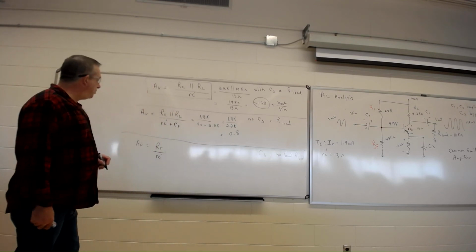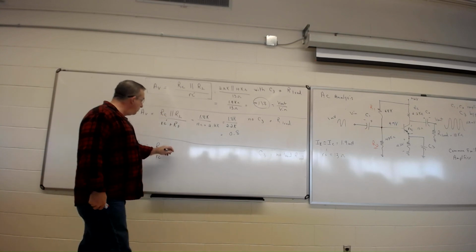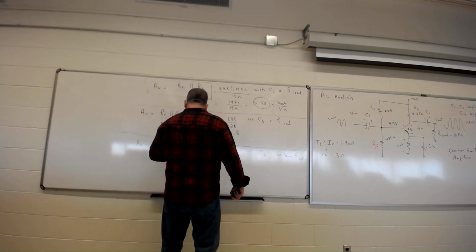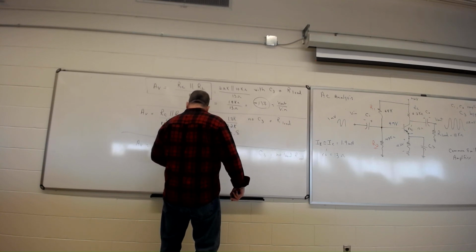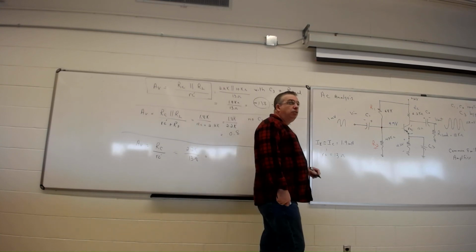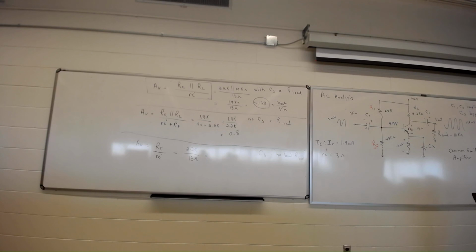So the bypass capacitor is there. RE falls off. We don't have RL. It falls off. So this becomes 2.2K over 13 ohms. So the gain should go up. So 2.2K divided by 13 ohms.